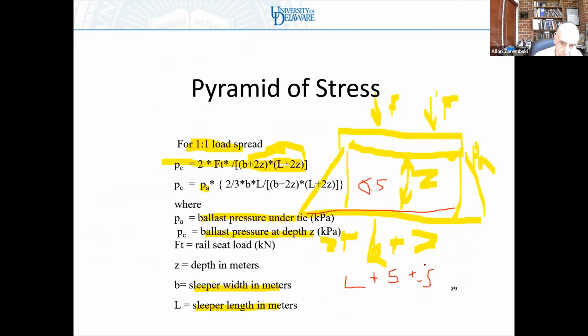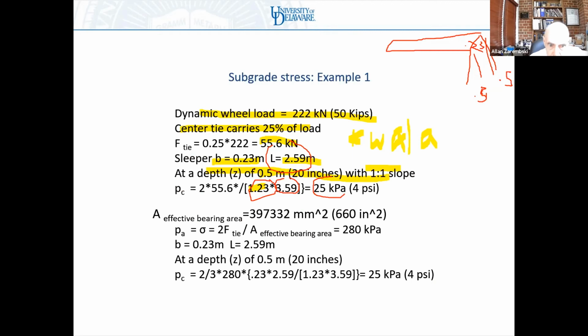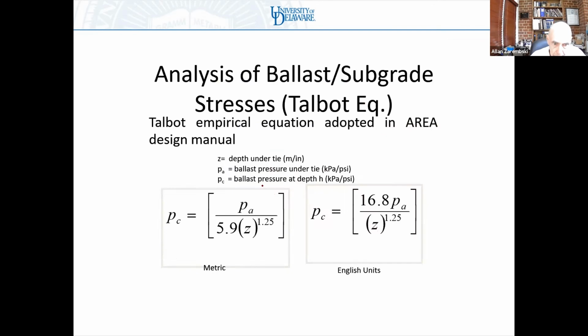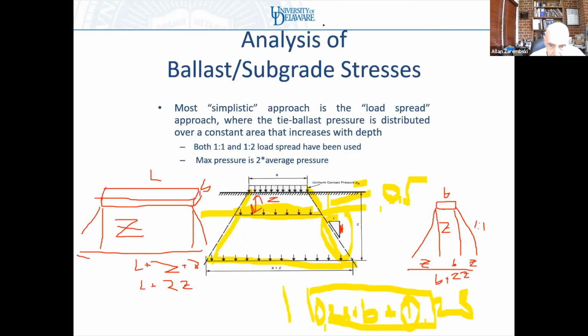So if my width is 0.23 meters and my depth is half a meter, then the width at half-meter depth is 1.23. So I know that at this depth Z, my equivalent cross-sectional area is B plus 2Z times L plus 2Z.